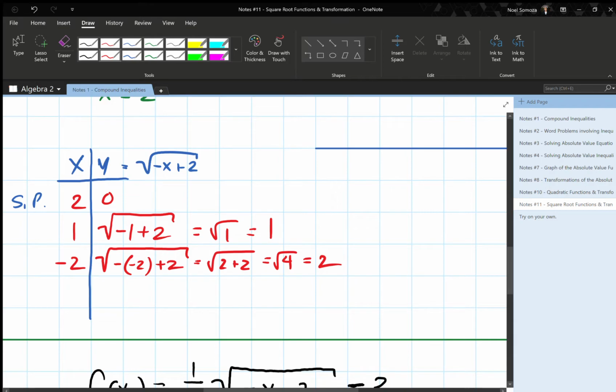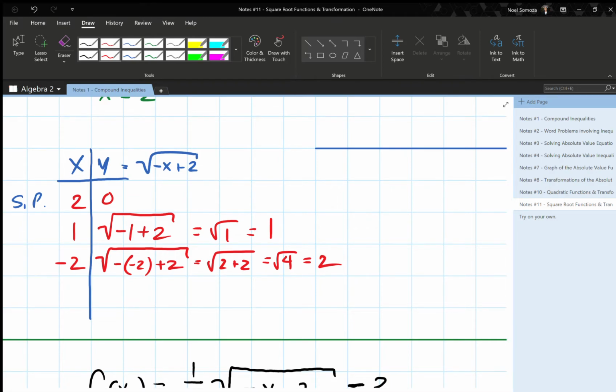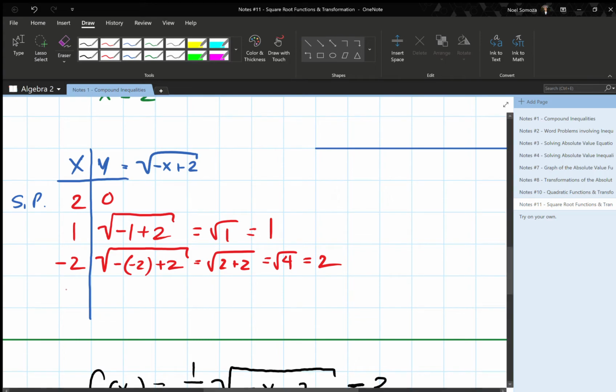Do we all see how I got that? Just distribute this negative first, then you can add and take the square root of 4. Okay, what else? Let's get one more point. Negative 7. Yeah, let's try that. So that'll be negative times negative 7 plus 2, which gives us positive 7 plus 2, which is square root of 9, which is 3.